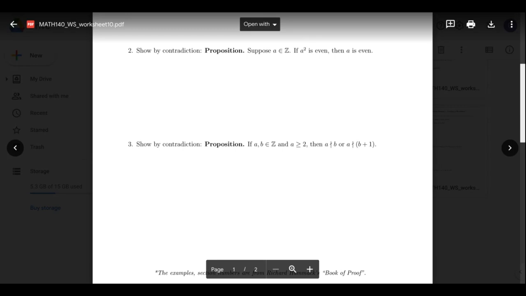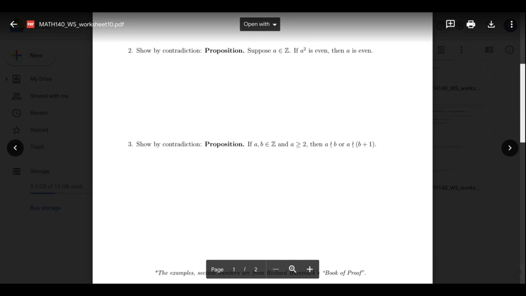So we assume P and not Q. We assume something, then we derive a contradiction.